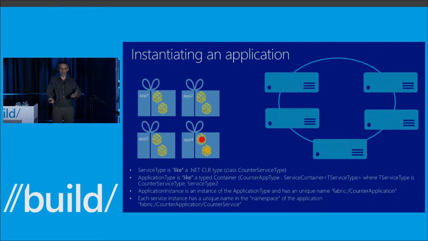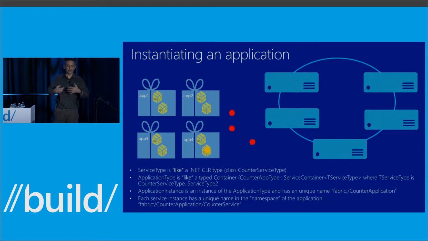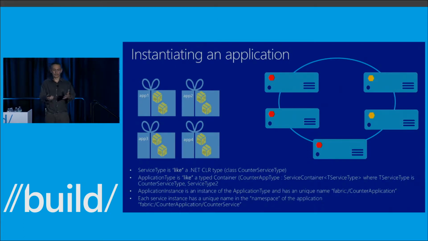So I go to my cluster, and at this point in time, I say I'm going to create an instance, and every application instance has a name associated with it. In this case, it may have a name, say, fabric/counter application. And then when I say to Service Fabric, I want you to deploy the contained service types and create instances of those, each one of those instances of those microservices has a unique name associated with it. For example, here I've deployed one of the counter service types, and the other one is the counter web application type.